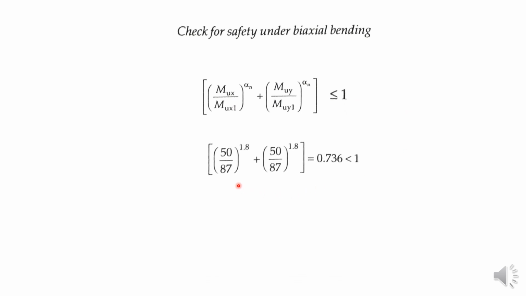So substitute the values of Mux and Mux1, Muy and Muy1, and alpha n. Here we get a value less than 1, that is 0.736. So the section is safe against the bending. This is a problem related to a member subjected to combined axial load and biaxial bending. Thank you.